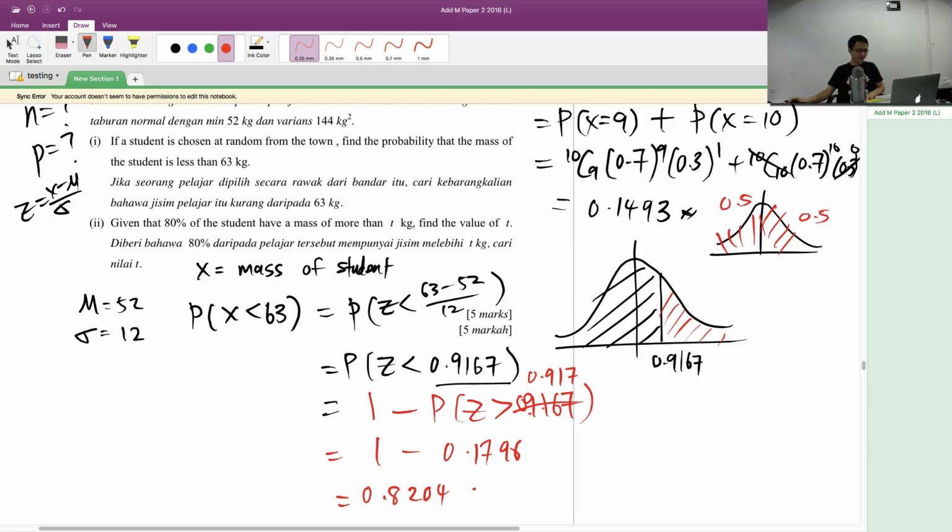Okay, after you get this one, in the second part, when we need to use the probability formula, you asked already, sir, how to determine when to shade the region?